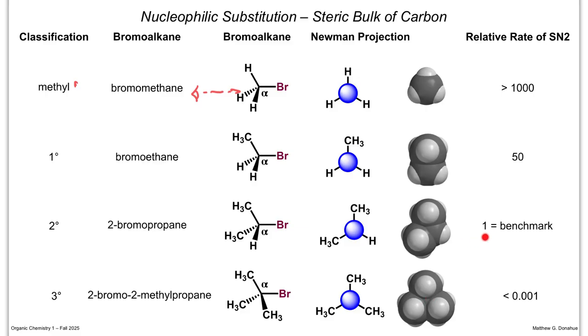So overall, we benchmark the secondary as 1 in terms of rate, meaning that a primary will react 50 times faster and a methyl 1,000 times. And the tertiaries are essentially a trace because this is a ball and stick model.